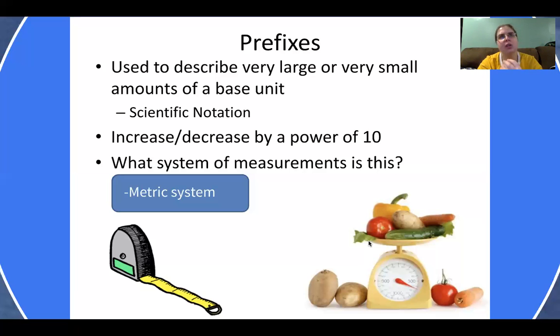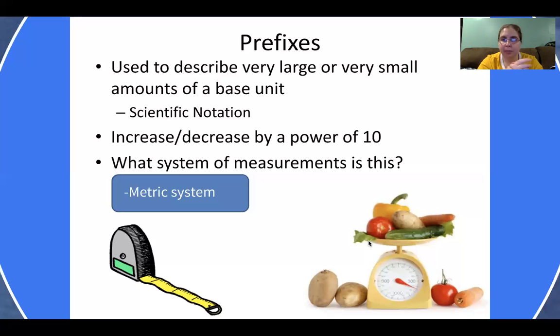Instead of talking about 1,000 meters, I can talk about 1 kilometer. So it helps us deal with these larger or smaller numbers if we use the prefix instead. Again, that's if you don't want to use scientific notation.